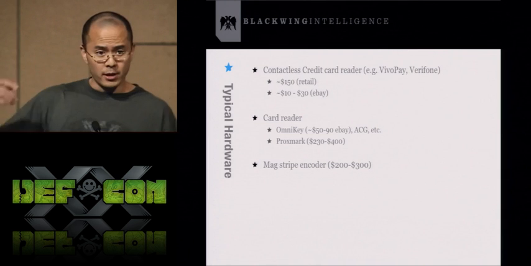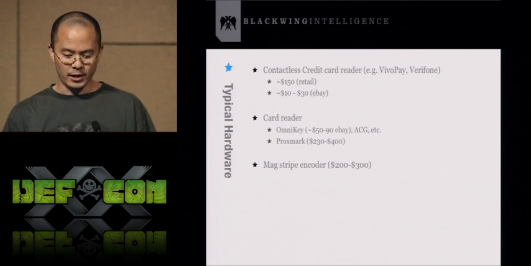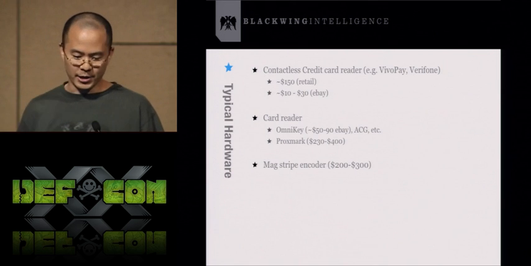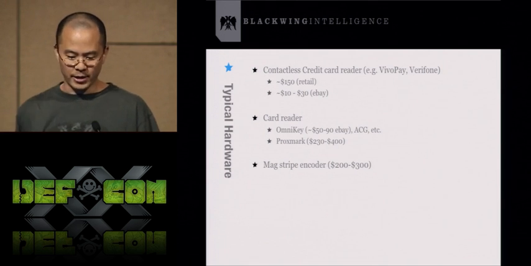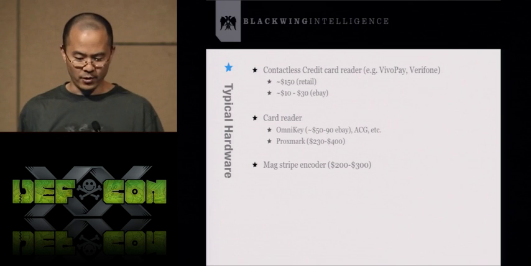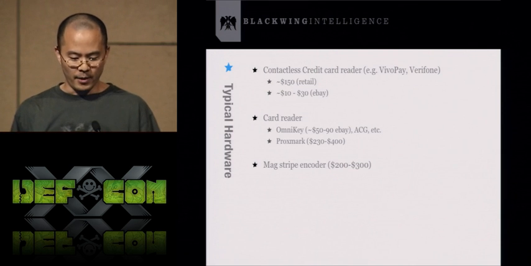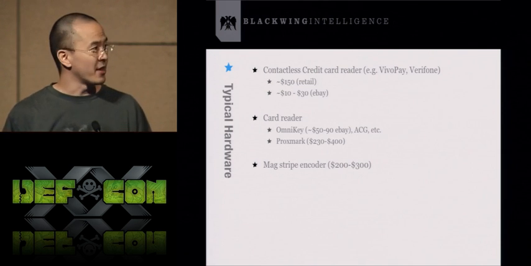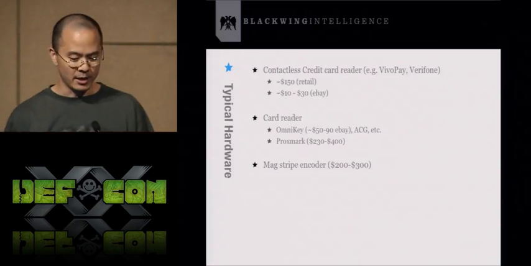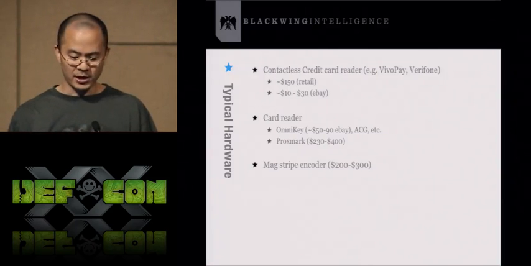Now, in order to use some of the scripts and software on that previous slide, here's some of the hardware that you would need. A contactless credit card reader. Popular brands are VivoPay and Verifone. If you want to buy it retail, they start probably around $150. You can get them off eBay for about $10 to $30 if you find them at the right time. There aren't actually that many on eBay.